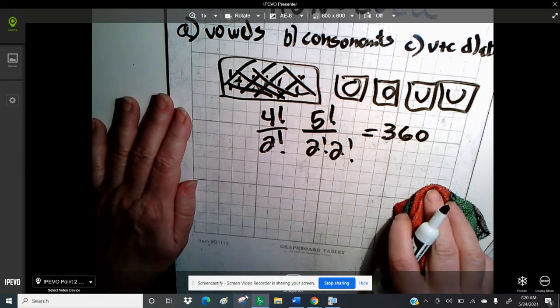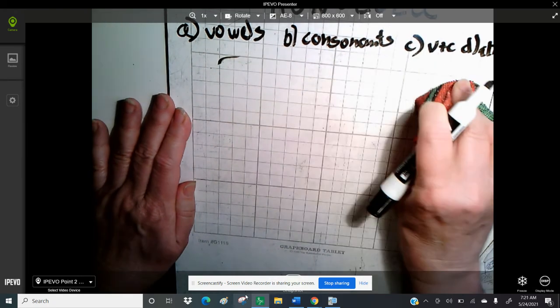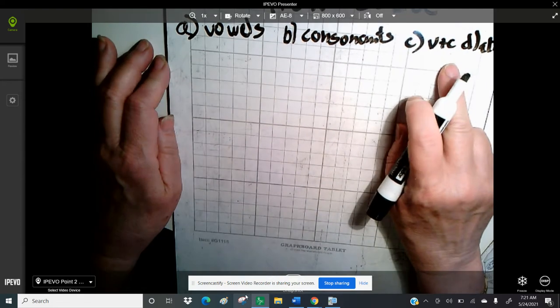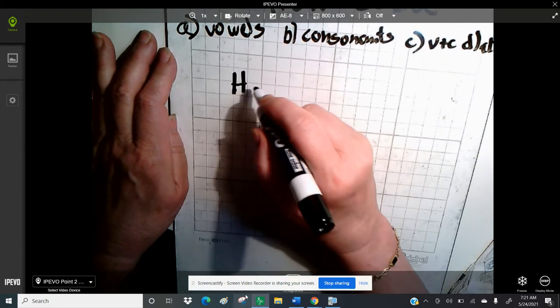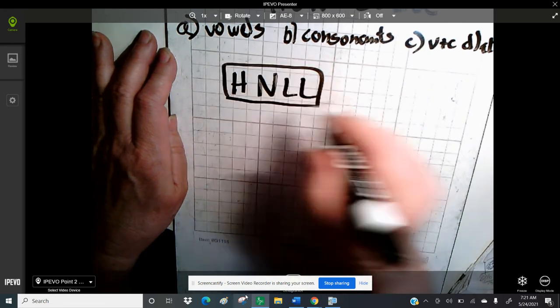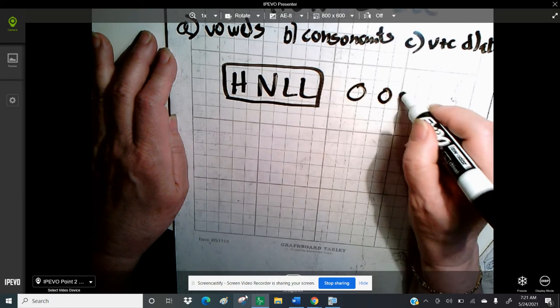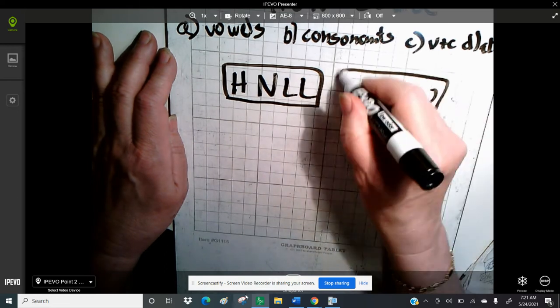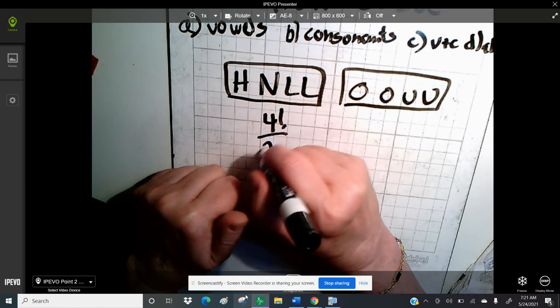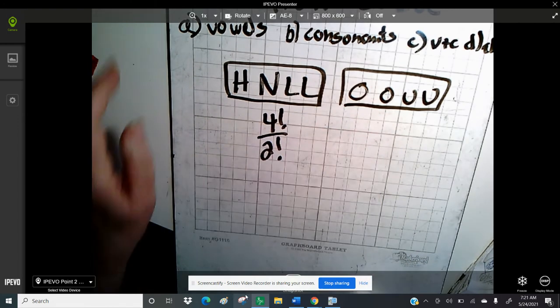And what about if the vowels and the consonants have to be together? So that means I'm going to have H, N, L, L in a box, and I'm going to have O, O, U, U in a box. All right, so this one here would be 4 factorial over 2 factorial because I have 4 things and 2 L's.